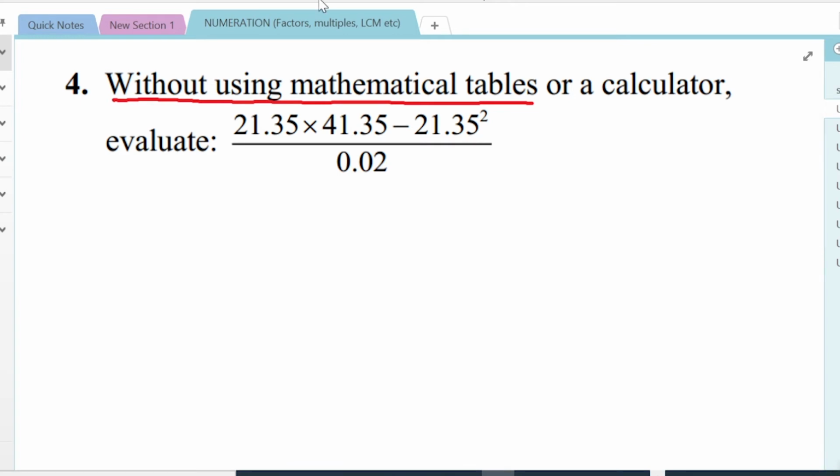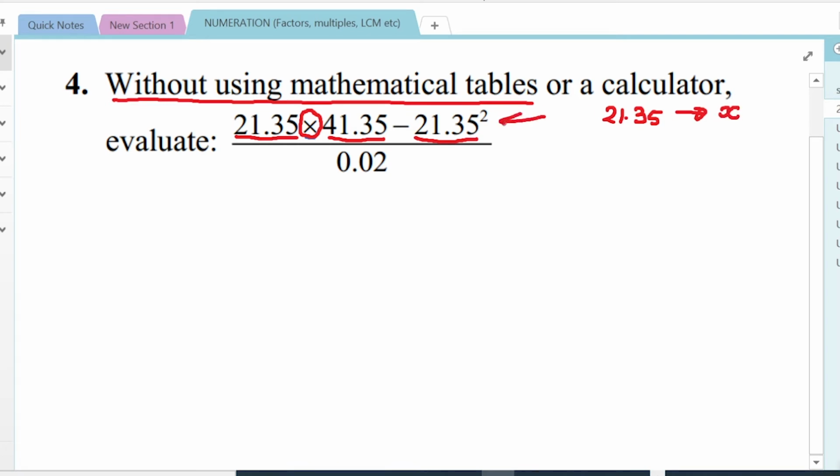Now let me try and simplify this for you. Are you seeing this 21.35 here? Then we have 21.35 again. Remember, this 21.35 is multiplied by this number. Because of this multiplication sign, these two are bound together. Let's assume 21.35 is an unknown, x.